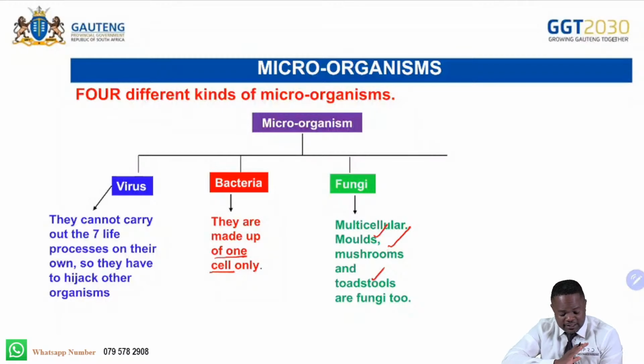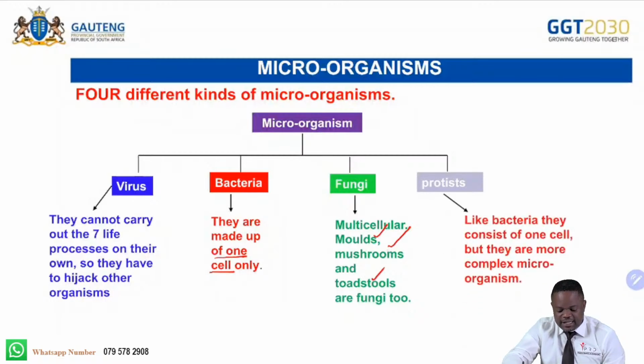We're going to look at a single one of them as our lesson progresses. And then lastly, we have what we call protists. Okay, our protists, like the bacteria, they consist of one cell. Okay, but we're saying they can be complex. Right, so these are the general microorganisms that we have: virus, bacteria, fungi, and protists.